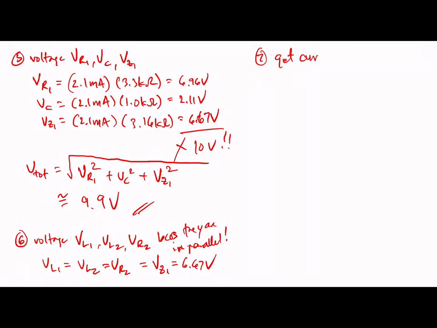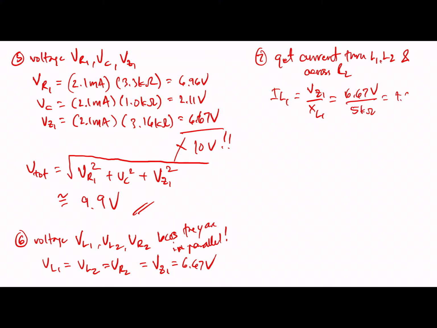And we can easily get the current then. So we can get the current through L1, L2, and across R2. IL1 is equal to VZ1 over XL1, which is 6.67 volts divided by XL1, which is 5 kilo ohms.